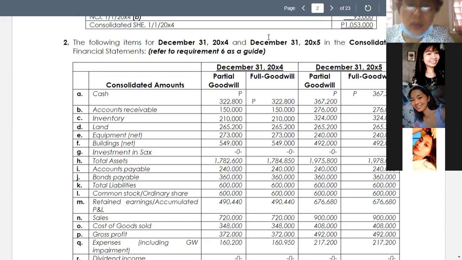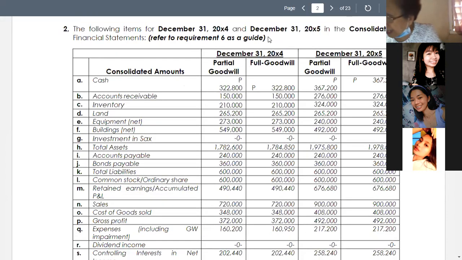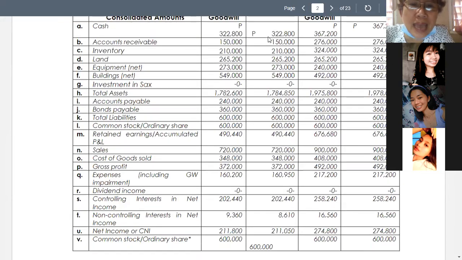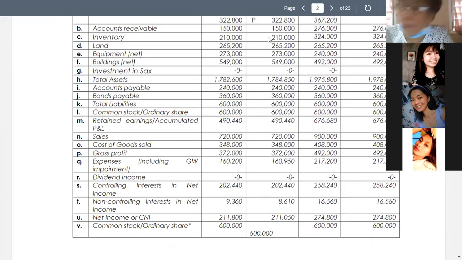Okay, now we go to sales, adding the amount of sales of the parent and the subsidiary. We have 720,000. Then with cost of goods sold, again, we are adding cost of goods sold of 204,000 and 138,000.